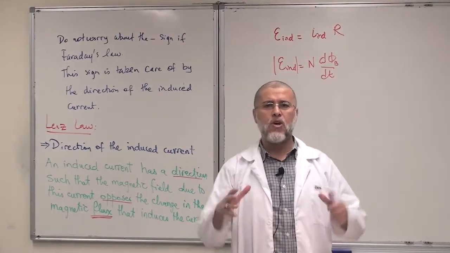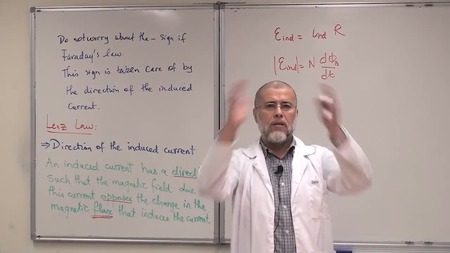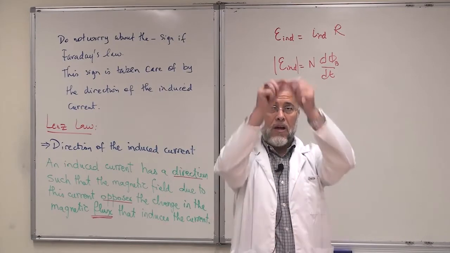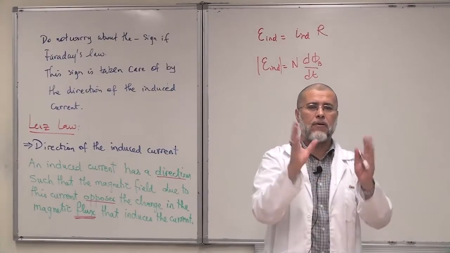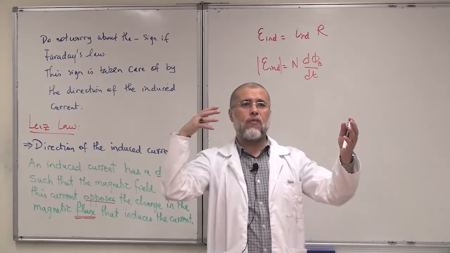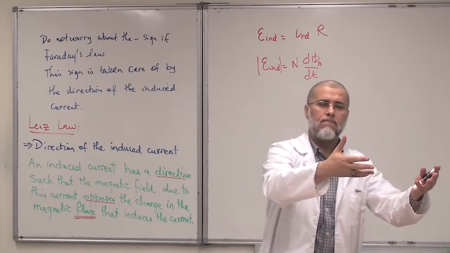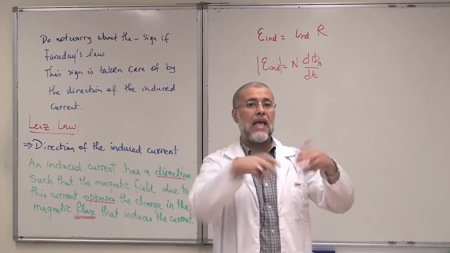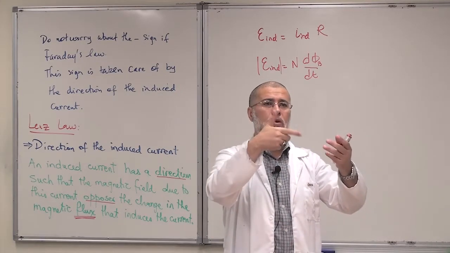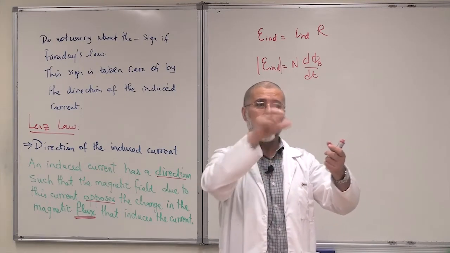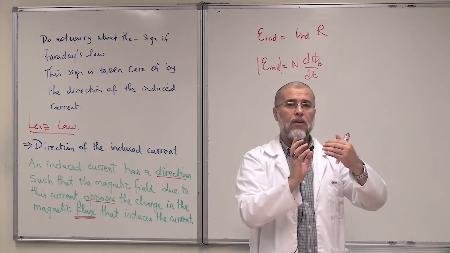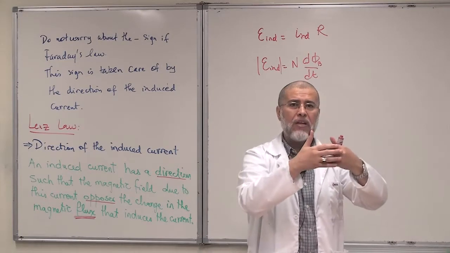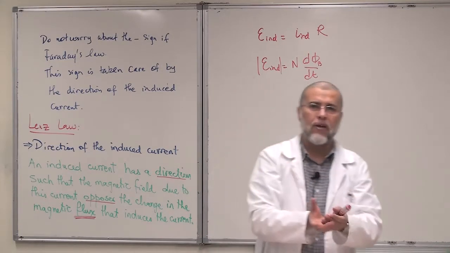Imagine the magnetic flux through a certain wire loop was 10, let's say 10 Weber. Now you change the flux to make it 15. Nature doesn't want that increase by 5. So there will be an induced current in that wire which is going to produce a flux of minus 5. So 15 minus 5 gives you 10 again, which is the original flux.